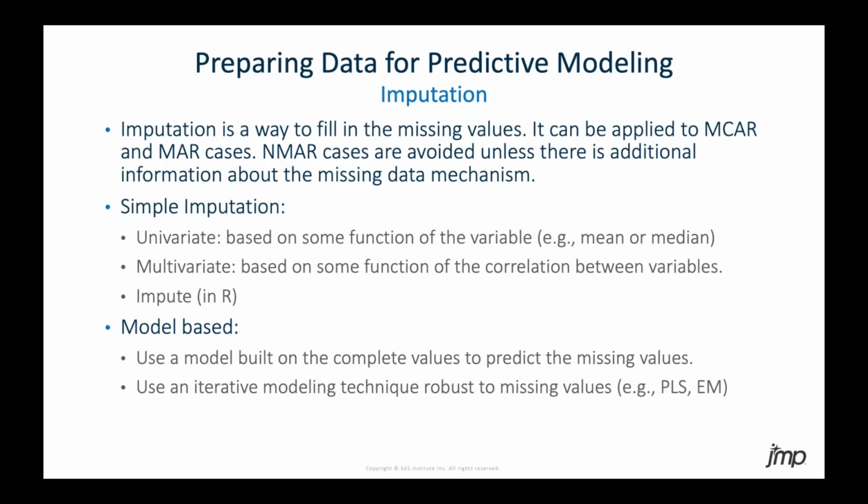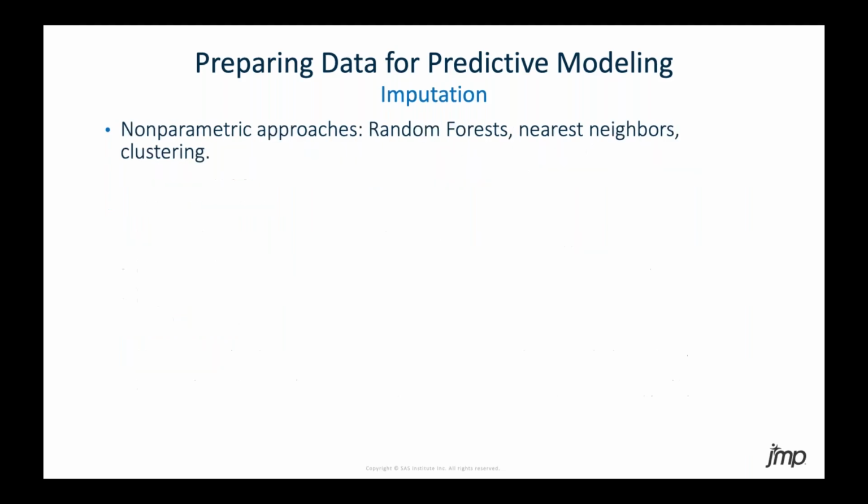There are other, more complex modeling techniques. You can model missing values based on something like PLS as well. There are also non-parametric approaches, which I think of almost as modeling. I could use random forests to predict what those missing values are. I can use nearest neighbors or clustering.